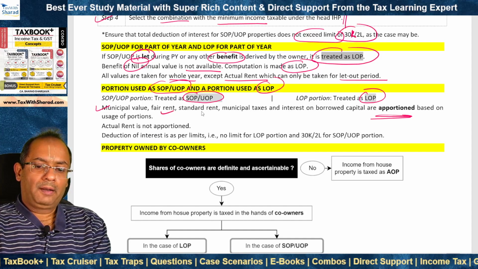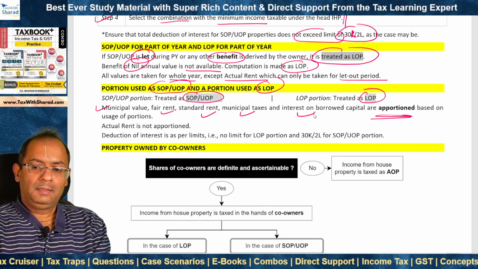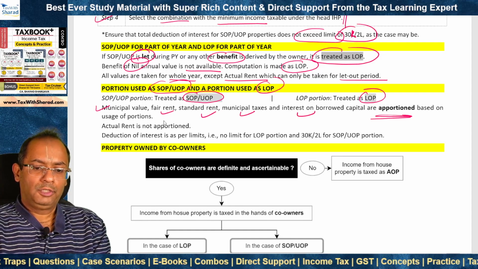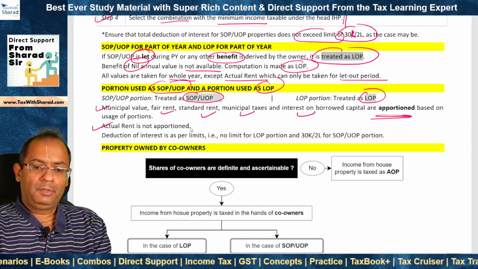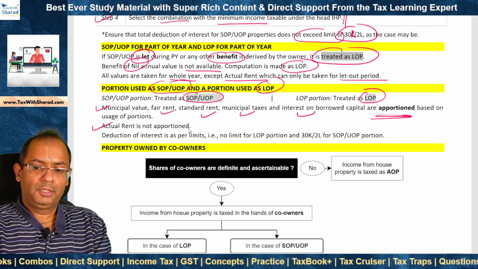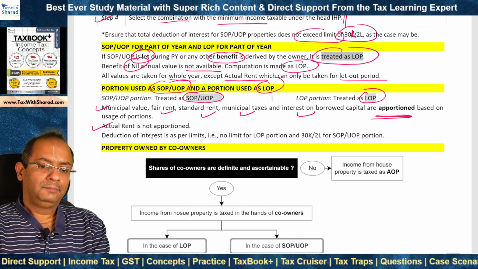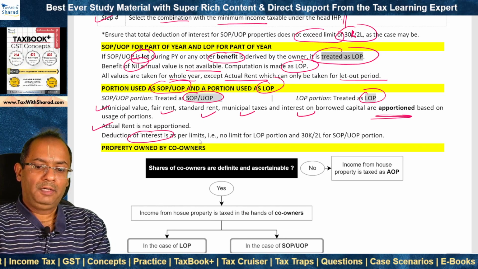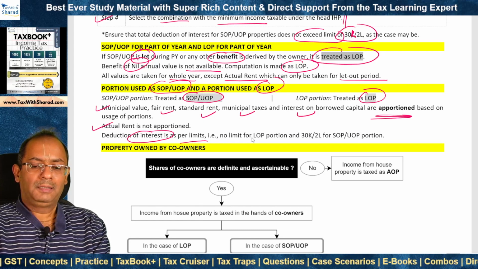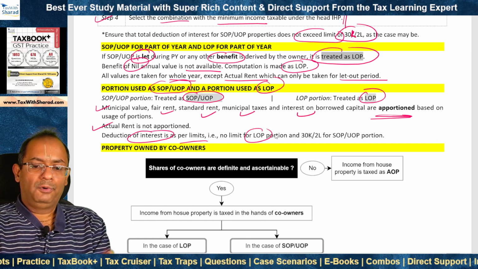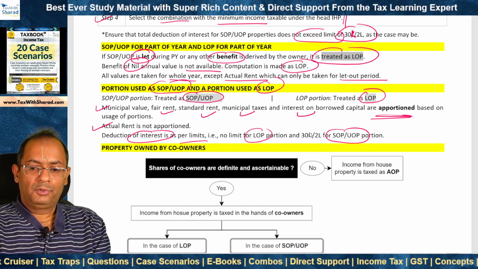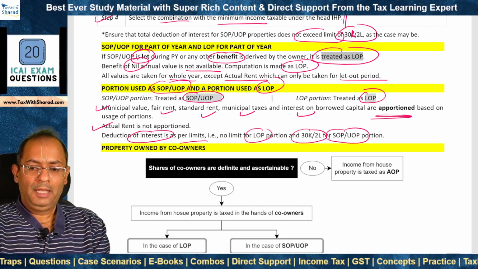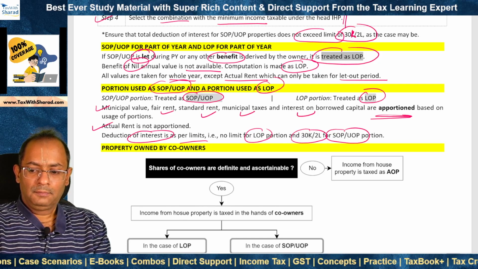Municipal value, fair rent, standard rent, municipal taxes, interest are apportioned based on the usage of portions. But obviously, actual rent should not be apportioned because it cannot be for SOP UOP portion, it will only be for LOP portion. When we allow deduction of interest, it will be as per the limits. That means for LOP portion, there will be no limit of deduction, but for SOP UOP portion, the limit will be 30,000 or 2 lakh as the case may be.